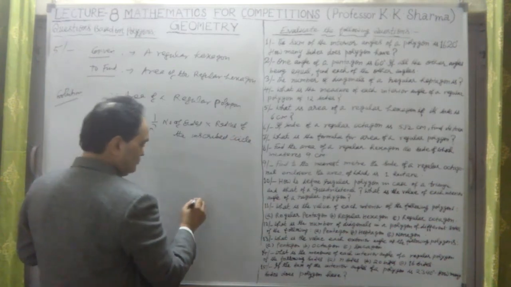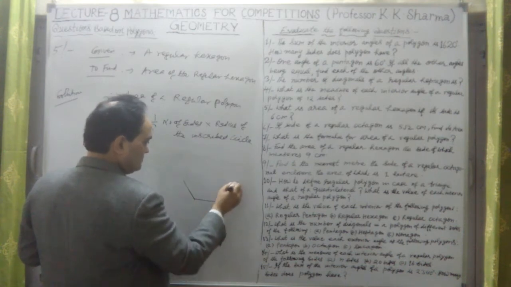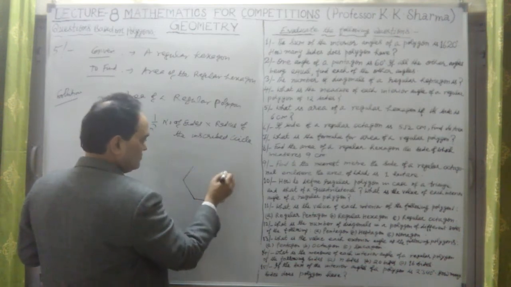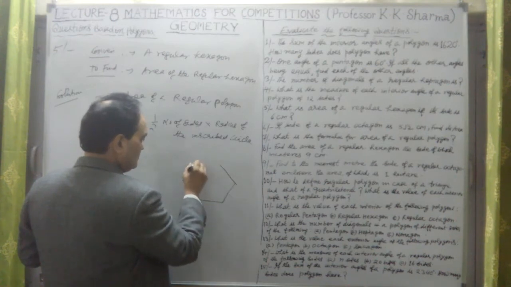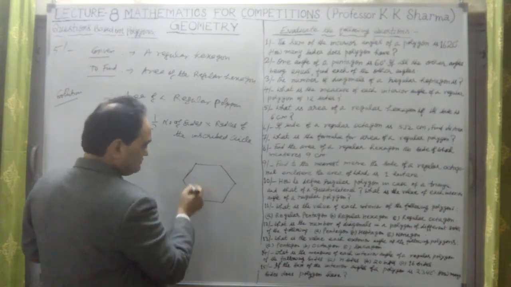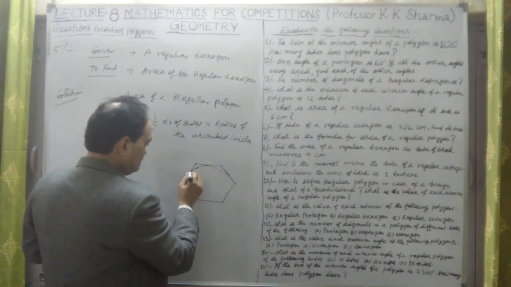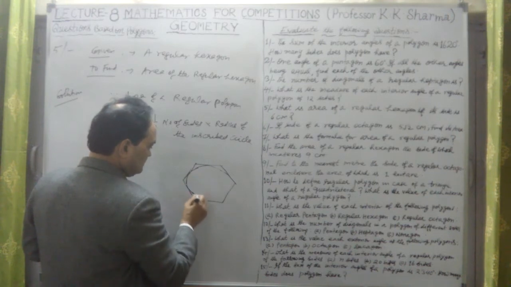For example, in case of a hexagon, this is a hexagon here. The inscribed circle will touch the sides at the midpoint.